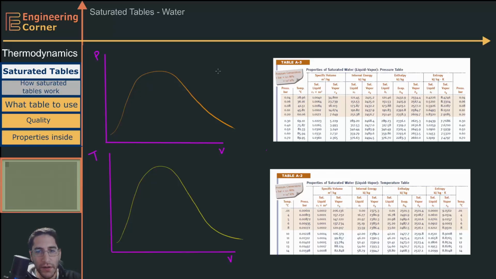Let's look at the pressure table first, and I've only taken a very, very small subset of this. This is actually going to go until about 220 bar. So you can imagine that I'm not drawing this to scale. Everything in this would sort of fall into this region right here.